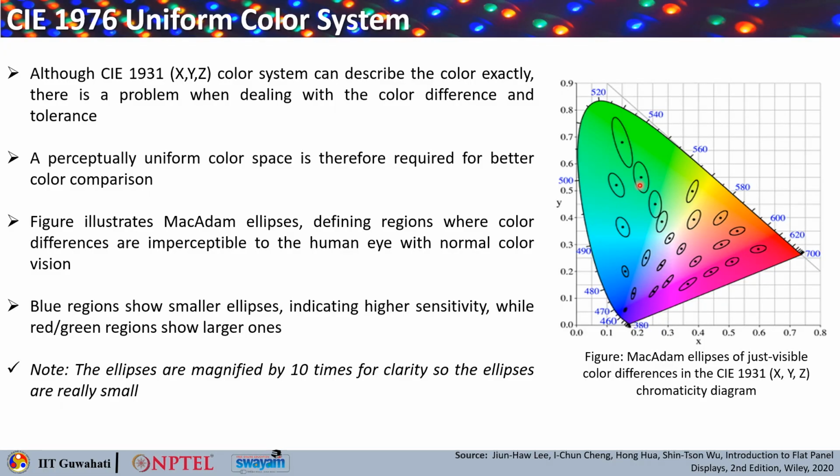That means there are a lot of different colors which you can't differentiate. Note that these ellipses are 10 times magnified for clarity. In reality these ellipses are not that large, they are really small.